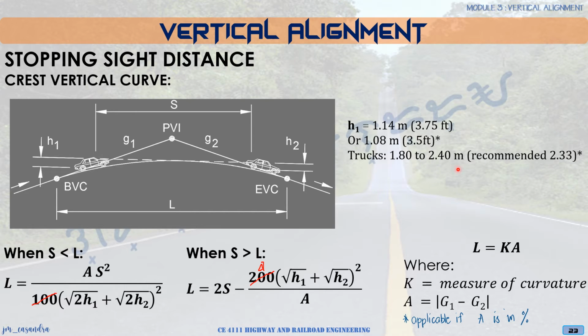So if there are no given values in the problem, we automatically use for each one: for passenger cars is 1.08 meters or 3.5 feet, and then for trucks, we automatically use 2.3 meters. And then for H2, we were given in the previous slide that H2 is 15.24 centimeters or 6 inches, or we have 0.6 meters or 2 feet.